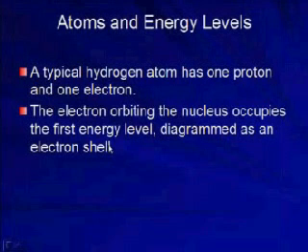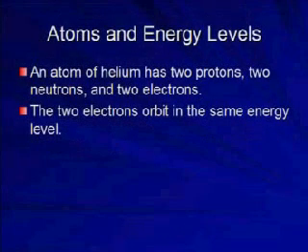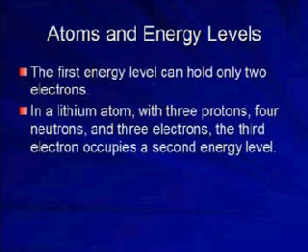A typical hydrogen atom has one proton and one electron. The electron orbiting the nucleus occupies the first energy level, diagrammed by the electron shell. An atom of helium has two protons, two neutrons, and two electrons. The two electrons orbit in the same energy level. The first energy level holds only two electrons.